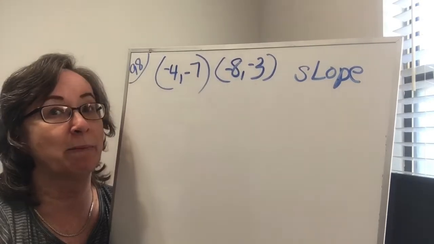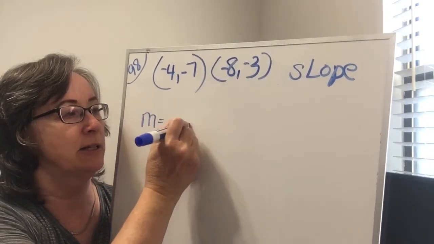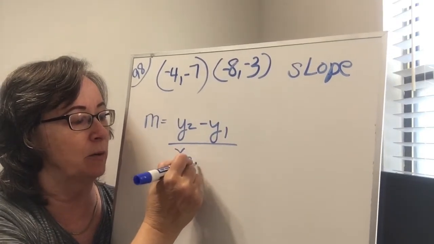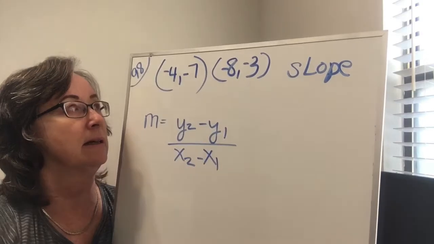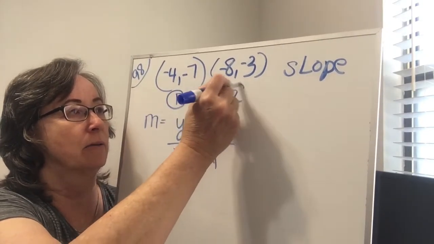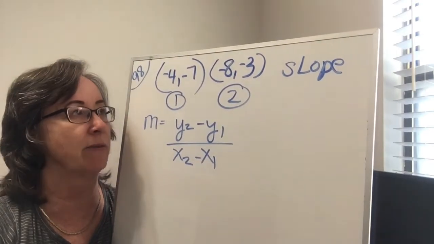Okay, so remember our slope formula. M is y2 minus y1 over x2 minus x1. I just do the subtraction in the same direction every time.